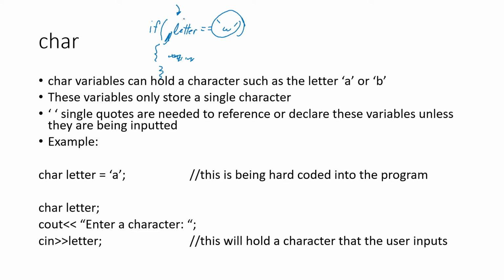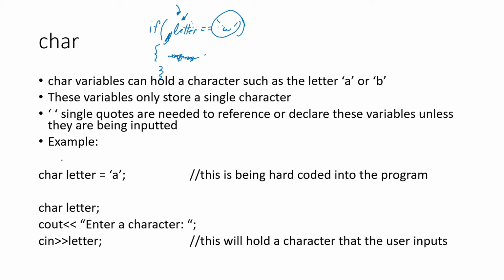It allows us to compare the character in this variable to this. If these are the same, then it would execute whatever we want in here. But that's for another video. This is just an example of using the single quotes and comparing with other characters.